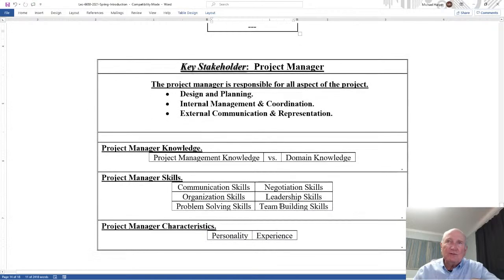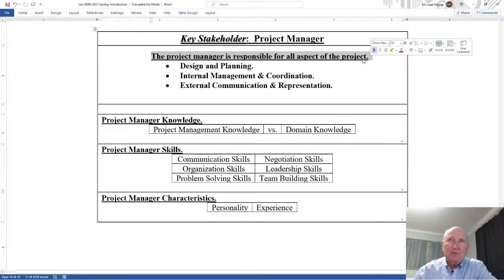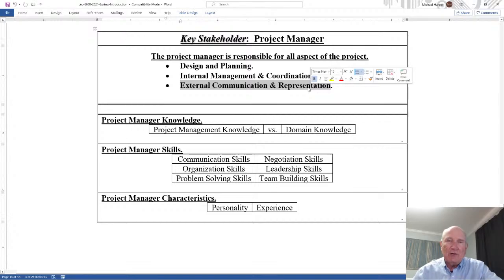Now, a key stakeholder is a project manager. The guide and also the Wysocki go into a lot of detail on the project manager because they're important. First of all, the project manager is responsible for all aspects of the project, and I want to say that the project manager is the key stakeholder, because the project manager is part of the design and planning at the beginning, internal management and coordination during a project, and external communication and representation during and after a project.